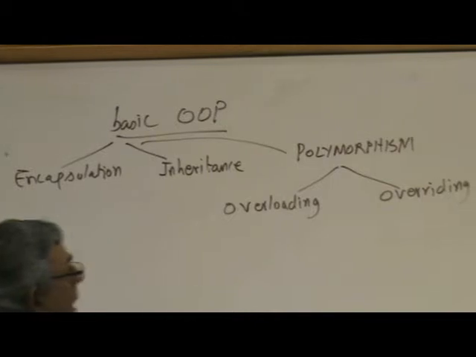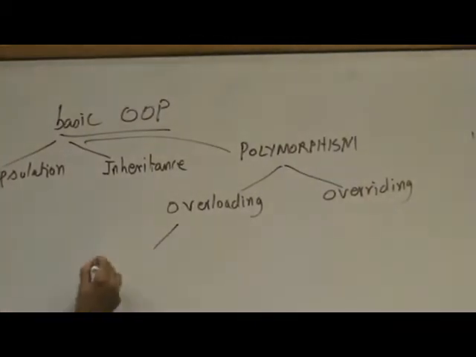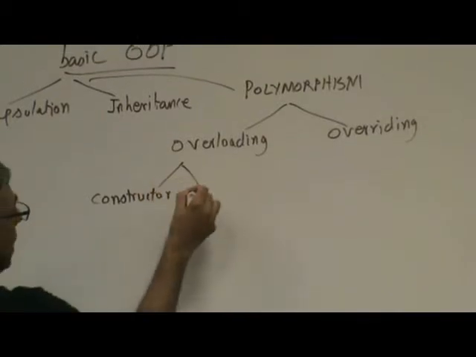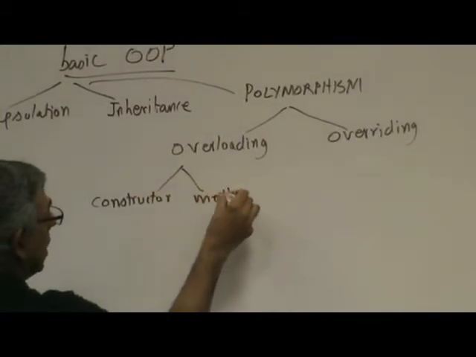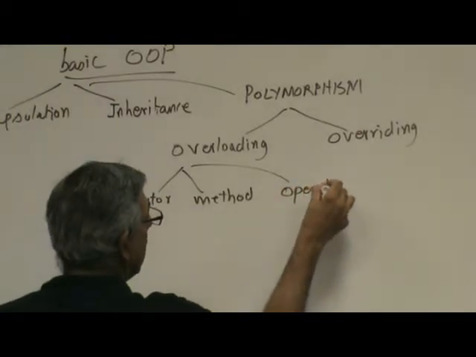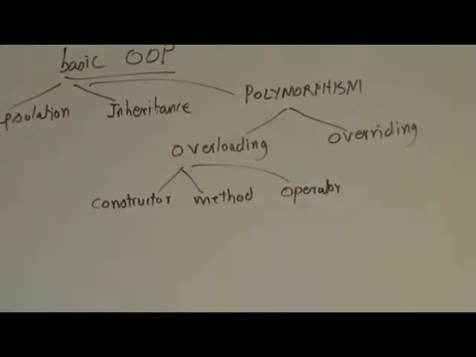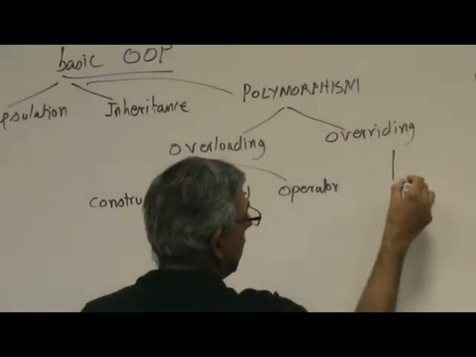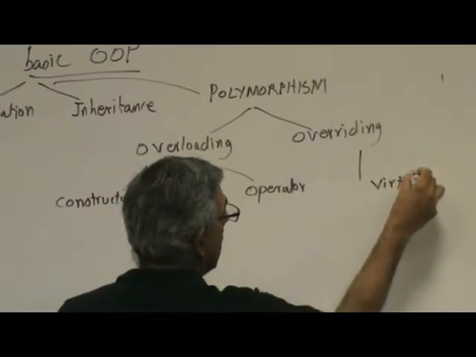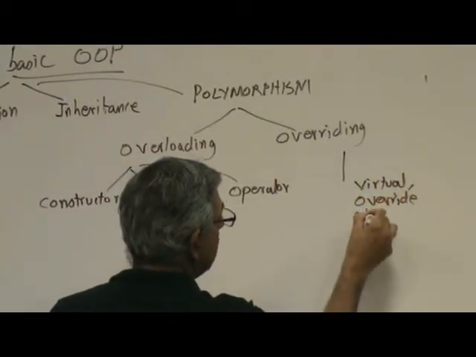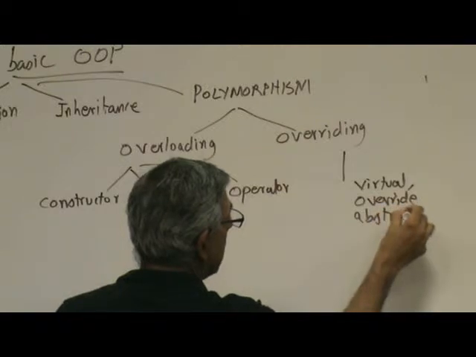Overloading is within the same class, right? So this could be constructor overloading, it could be method overloading, it could be operator overloading, correct? And of course overriding further involves the virtual, override, abstract keywords.